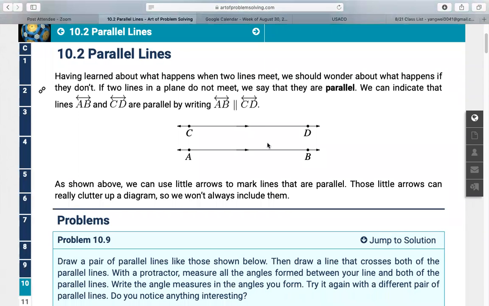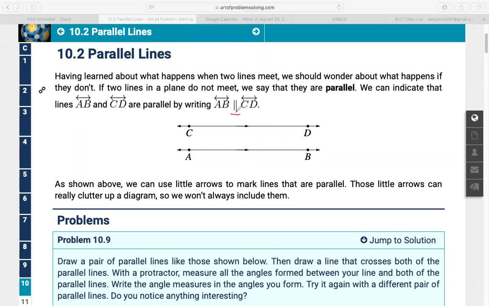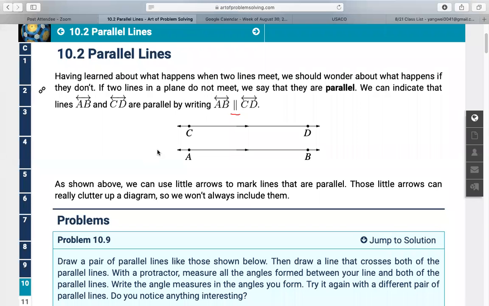Suppose we have two lines here, AB and CD. If they are parallel, definitely they will never meet each other. Then we can use this sign to represent that these two lines are parallel to each other. Now let's see a problem here.